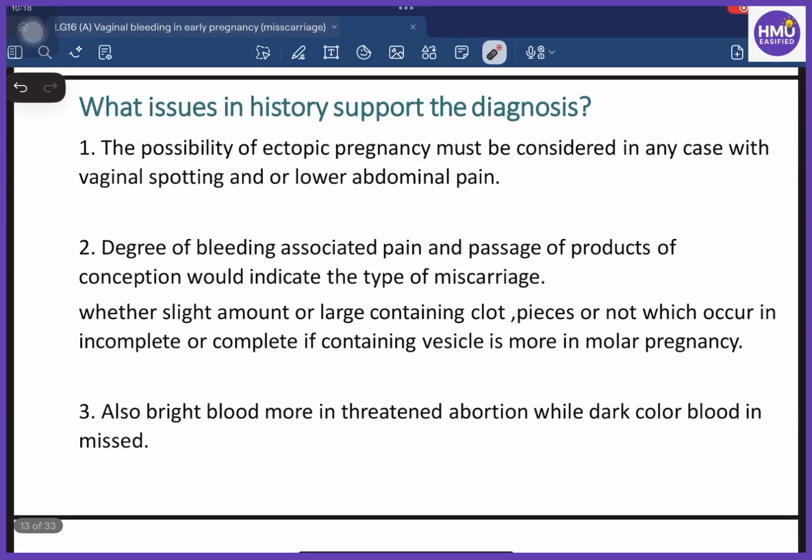So what issues in history support the diagnosis? Possibility of ectopic pregnancy must be considered in any case with vaginal spotting or lower abdominal pain. Ask about risk factors for ectopic pregnancy, previous ectopic pregnancy, abdominal tenderness, ultrasound findings, and the degree of bleeding is important.